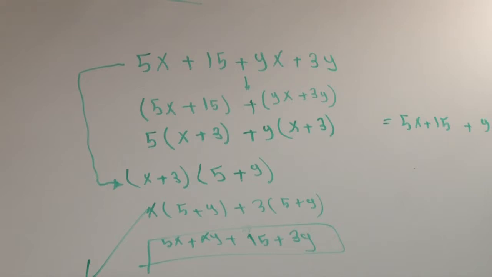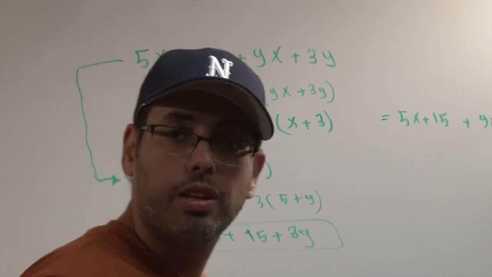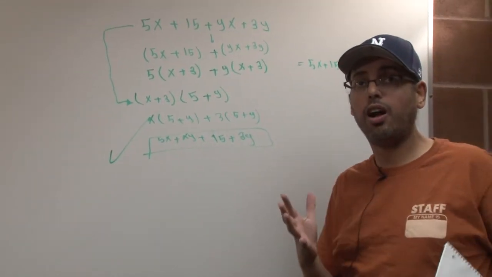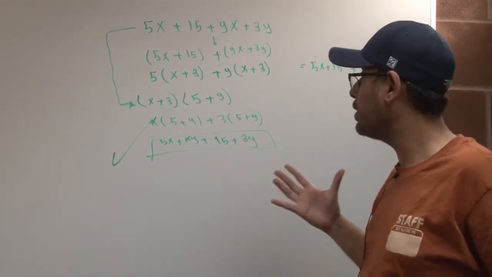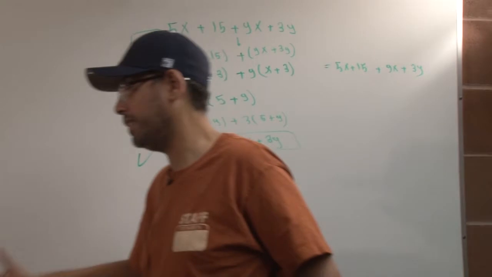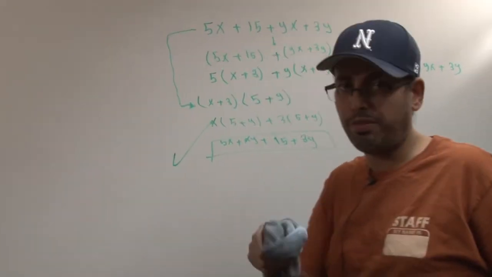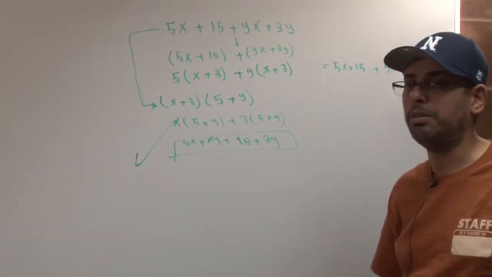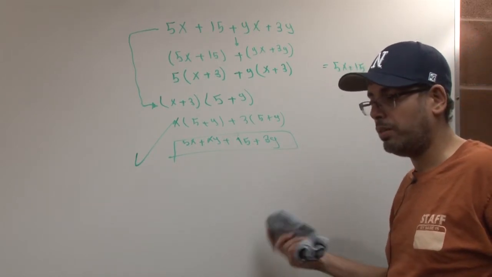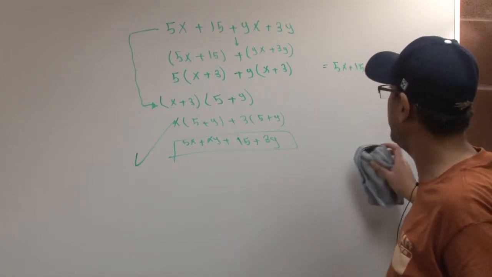So my answer is correct. From this example, we have learned how to use the grouping method to solve a polynomial like that. Let's take a more difficult one to be familiar with those kinds of problems.